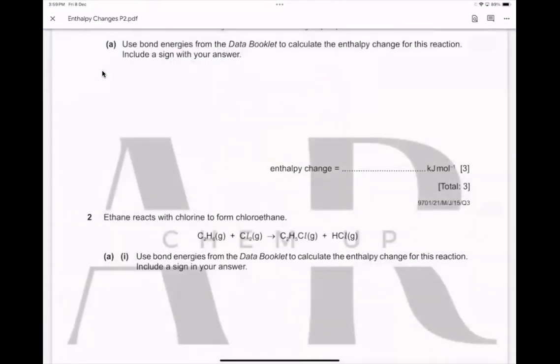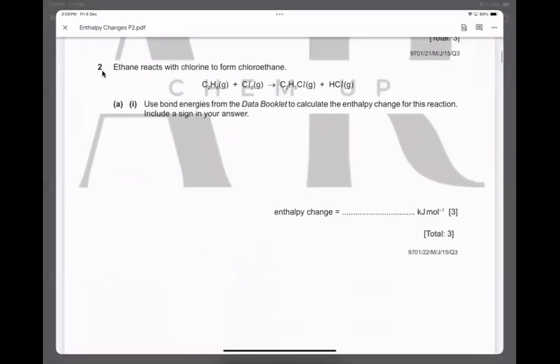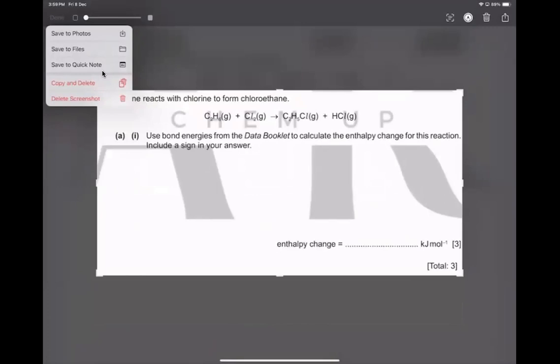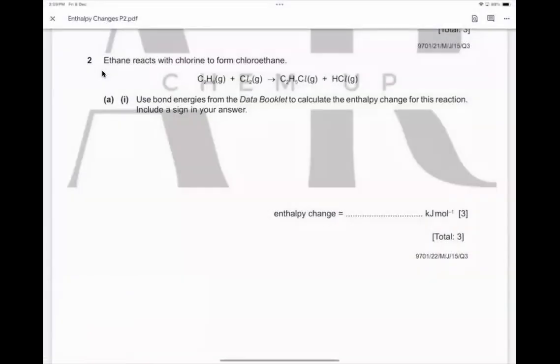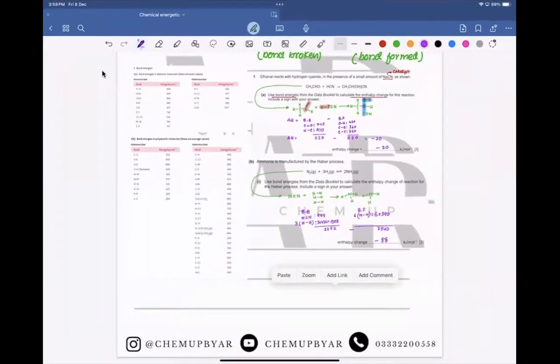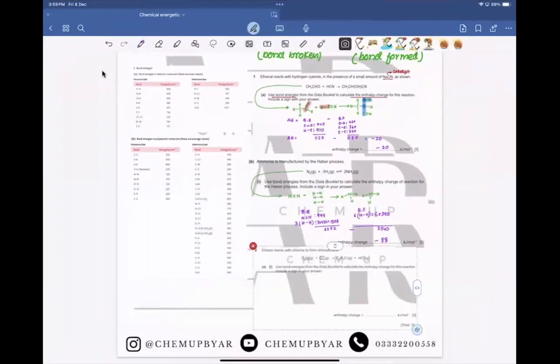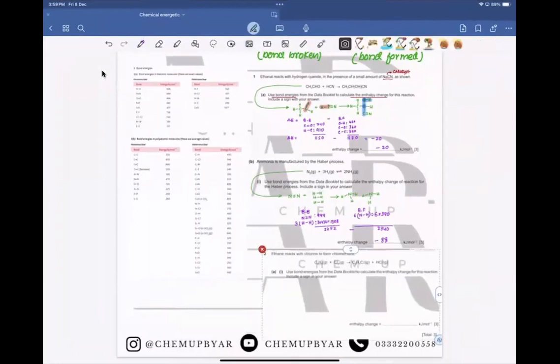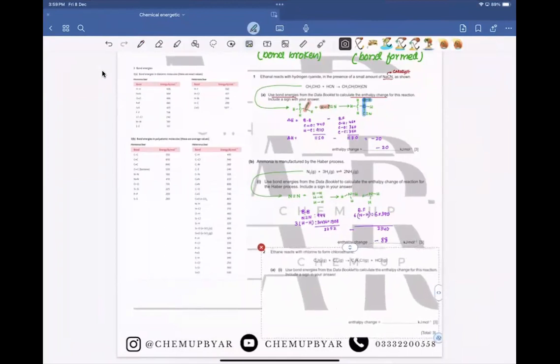Hamza, how many bonds can a carbon atom make? 4. How many bonds can chlorine make? Ashal, can you tell me? Sir, one bond.